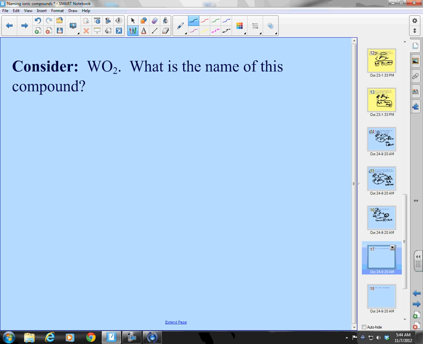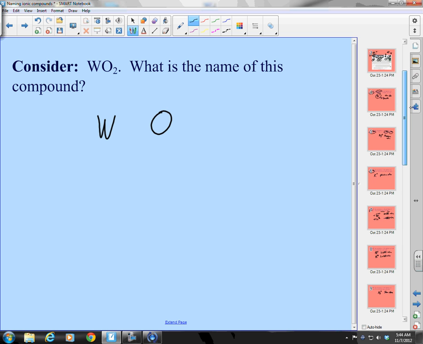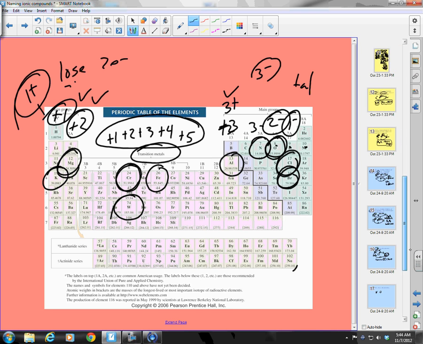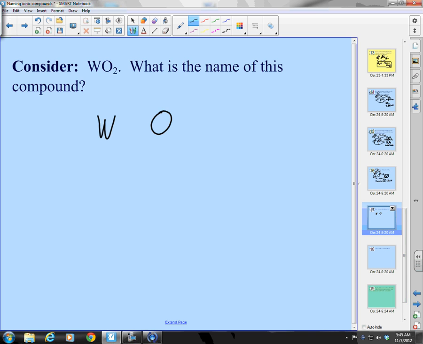Well, we have W. W is what? W is tungsten and oxygen. And when I look at my periodic table, where is W? W is down here. It's a D block. It could have multiple cations. My oxygen is a 2 minus, so I know I have a 2 minus here. And how many of them do I have?